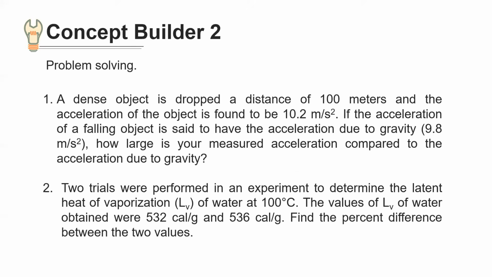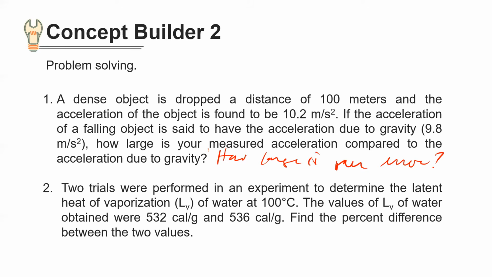If the acceleration of a falling object is said to have the acceleration due to gravity, which is 9.8 meters per second squared, how large is your measured acceleration compared to the acceleration due to gravity? And dagdag ko na rin dito, how large is your error?